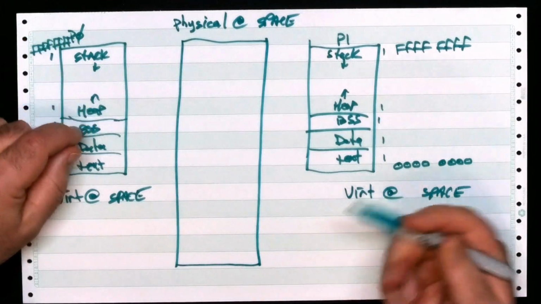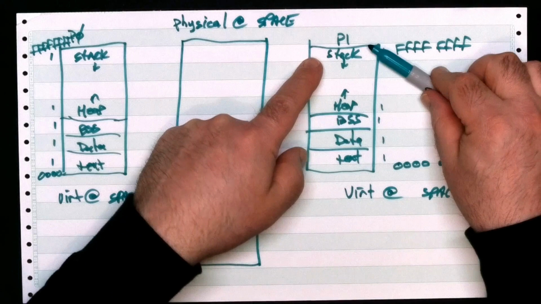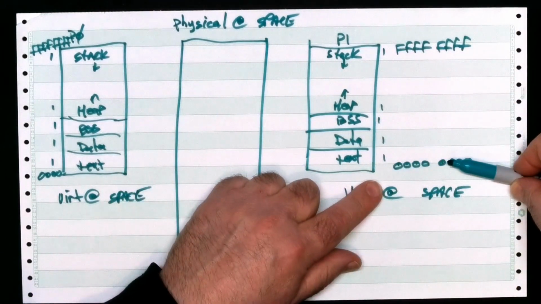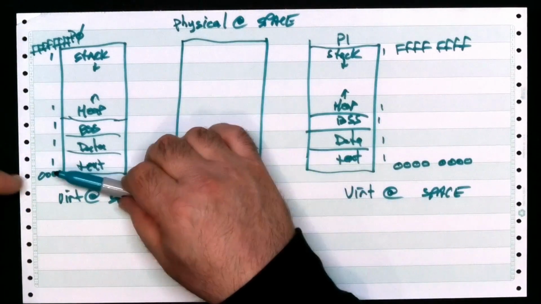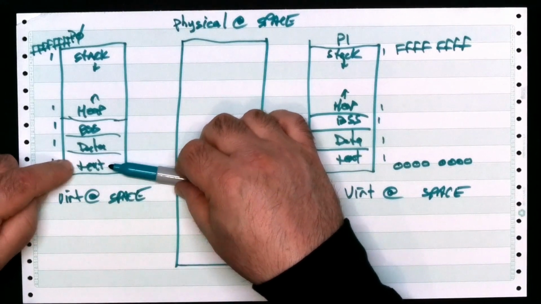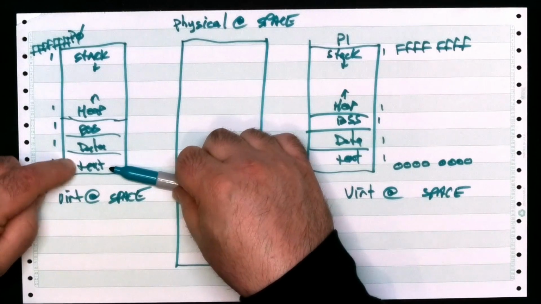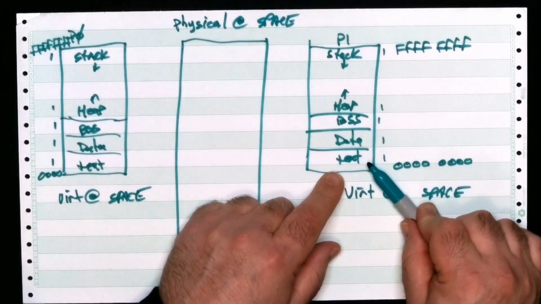Now, obviously, if this guy's program is running and he has the code starting at address 0, and this program over here is running and his code starts at address 0, the bytes that represent this executable code in the text region of this guy's process can't be stored at the same place that this guy's is at.